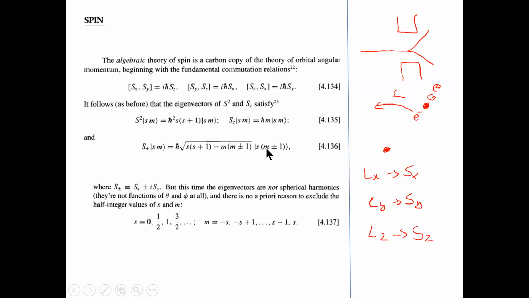We know that spin s takes values in half-integer steps: 0, 1/2, 1, 3/2, and m can go from minus s to plus s, with each value incremented by 1.